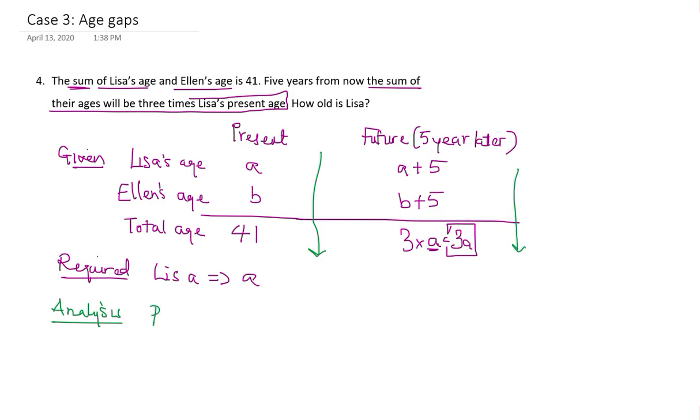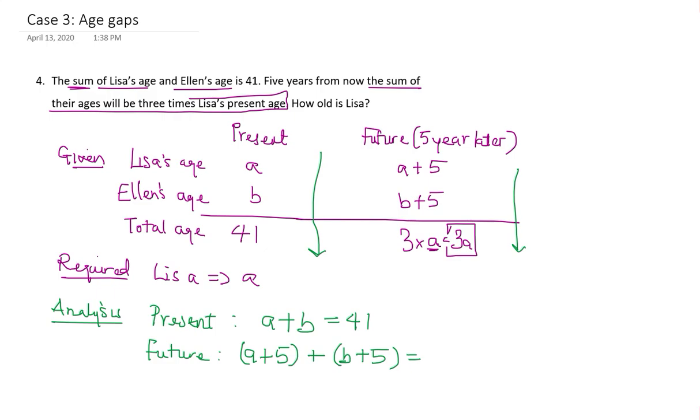So let's say the present equation is the sum of their ages, A plus B, which is equal to 41, and the future, which is 5 years later, we actually have Lisa's age A plus 5 plus Ellen's age B plus 5, and this is equal to the total age, which is 3 times Lisa's present age, which is 3A.